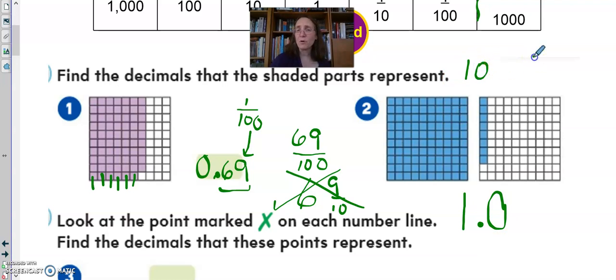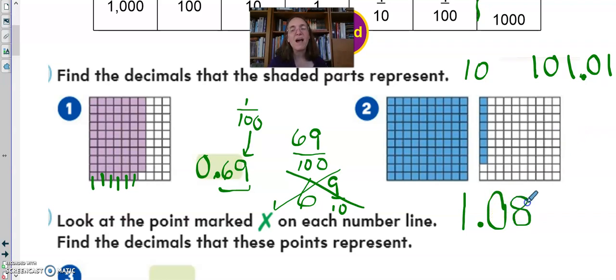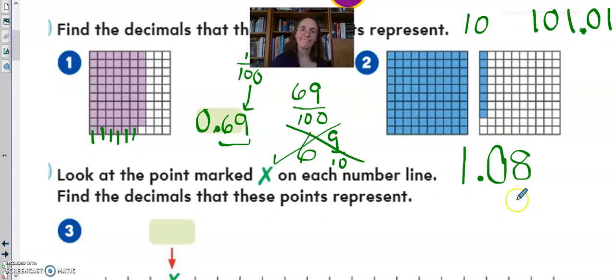And in the number 101, there are no tens. And in the number 101 and 100th, there are no tens or tenths. So that 0, we use it to say we don't have any of that. And that also helps me shove the 8 over into the hundredths place. We would say this is 1 and 8 hundredths.